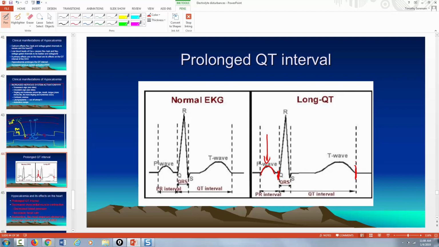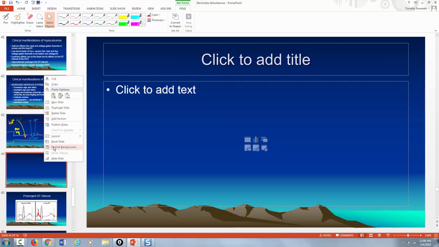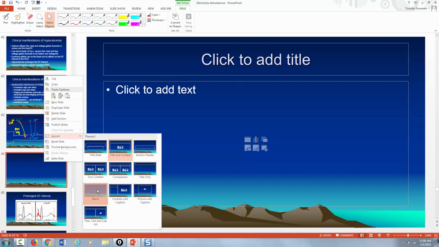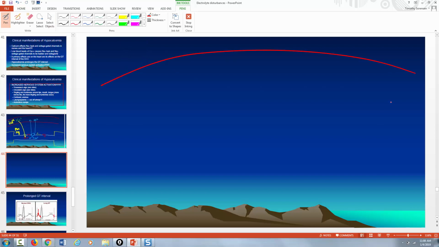Now, if you recall the cardiac action potential, in the heart, you got the blood and then you got a heart cell, and we'll just talk about leak channels for right now, right?